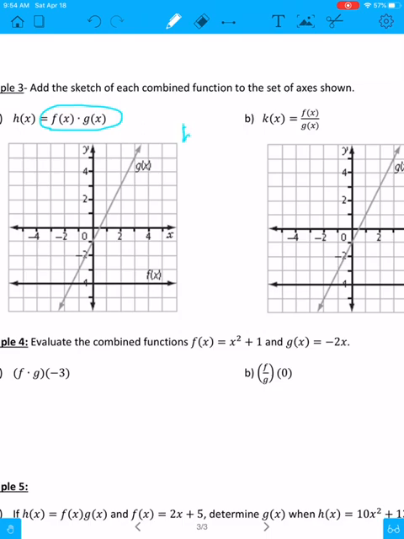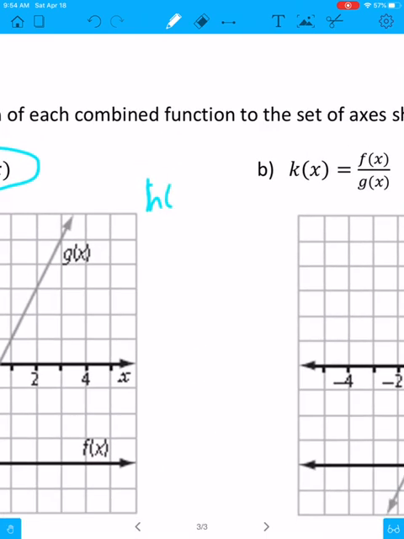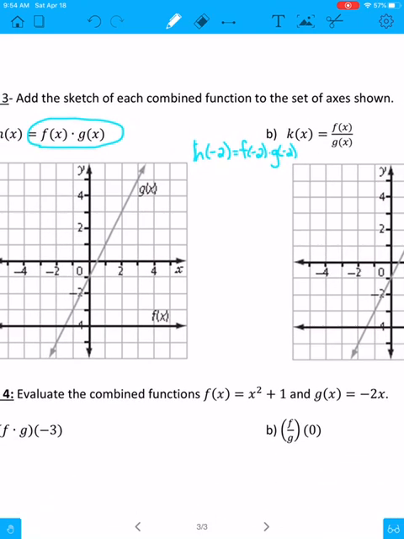So I'm going to do h of -2, which is just f of negative 2 times g of negative 2. Oh, I just did them backwards, didn't I? Darn it. f of negative 2 is the black graph. f of negative 2 is 4.